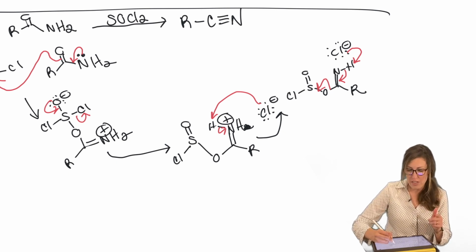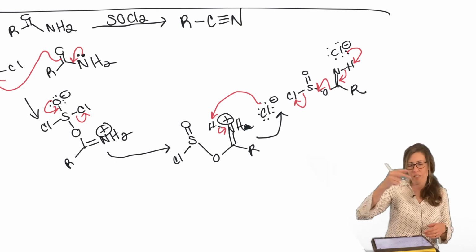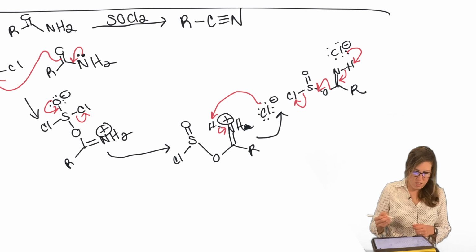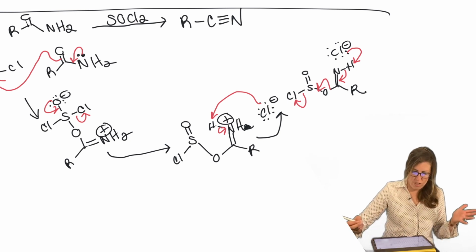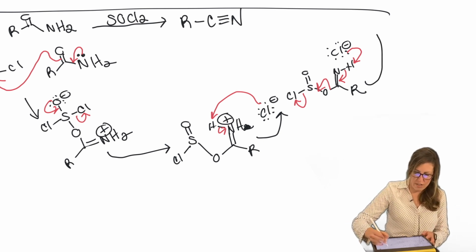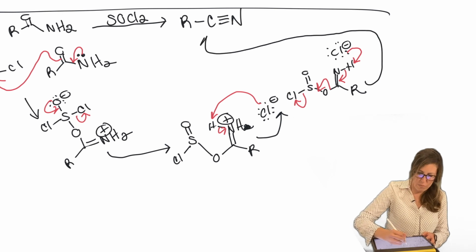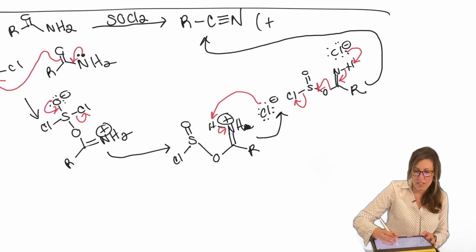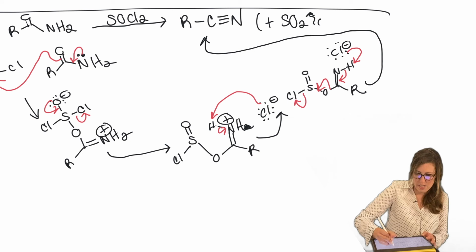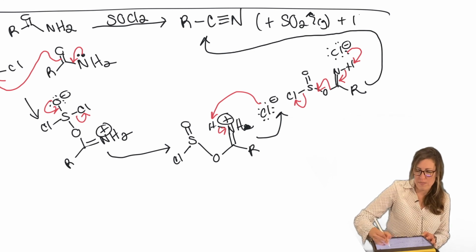But we only get the sulfur dioxide if that chlorine leaves. It generates more chloride, so it can continue and that sort of thing, right? So that's always really nice to have as an option. But don't forget we have the byproducts, SO2 gas and HCl as well.